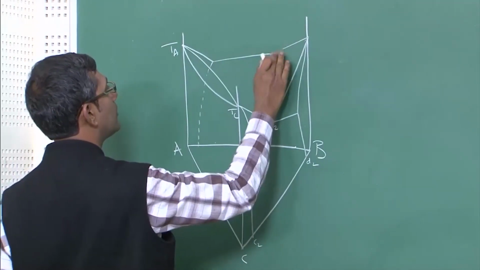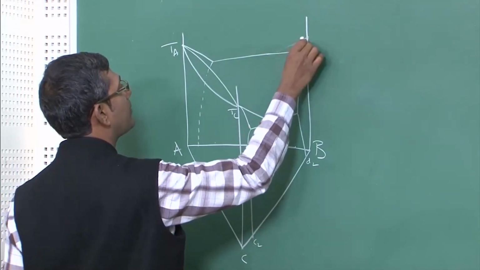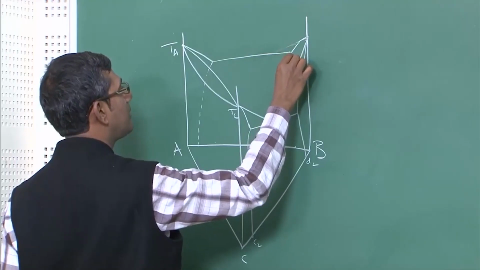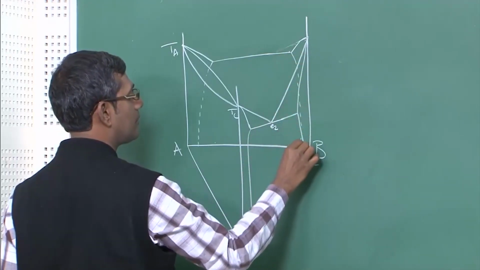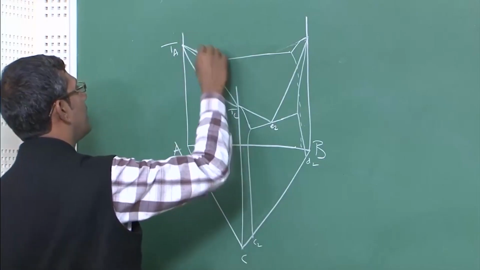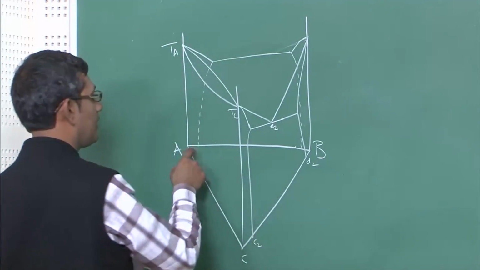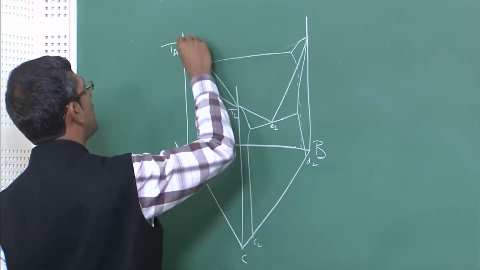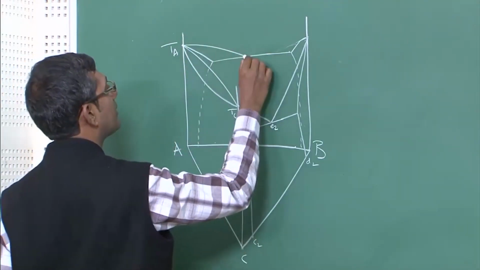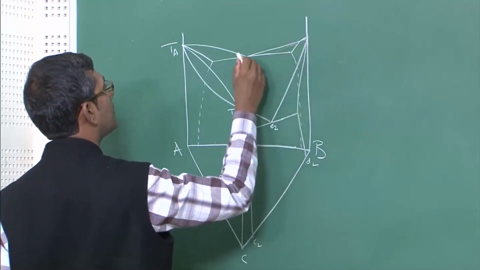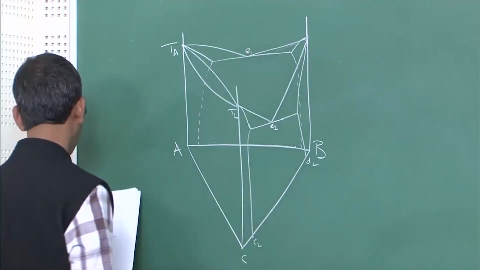These are the two primary phase field regions between A and C, and these two are the primary phase field regions of the A-rich and B-rich phases. Then I draw the binary eutectic, it's like this, U1.